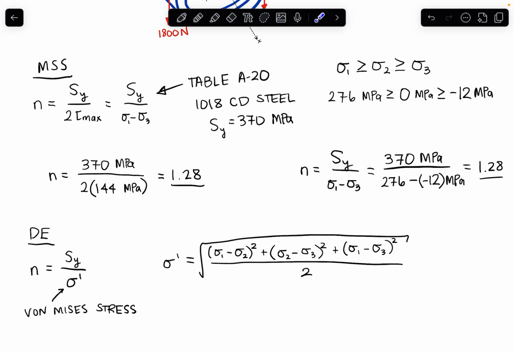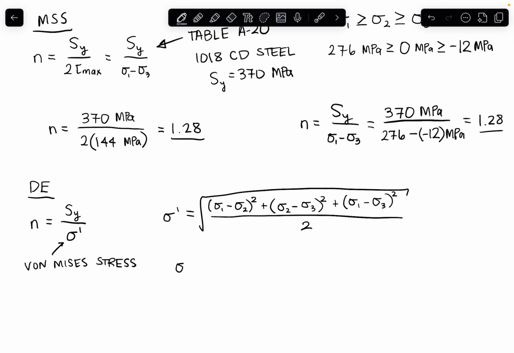So when I plug those values into my equation for the von Mises stress, I get that it's 276 megapascals squared plus sigma 2 is 0, sigma 3 is negative 12, so we end up with a positive 12 megapascals squared.